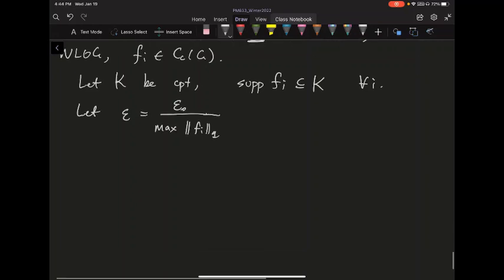But anyway, if I consider every phi inside N(K, epsilon), I want to show that this phi is going to be inside this U. So what do I have?